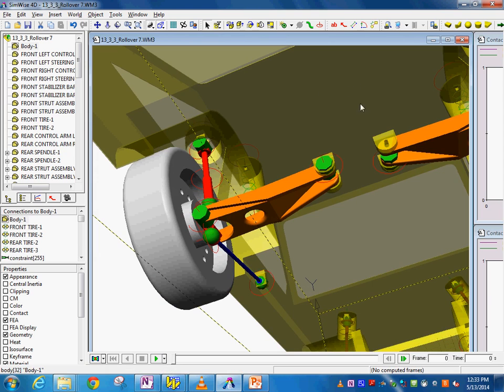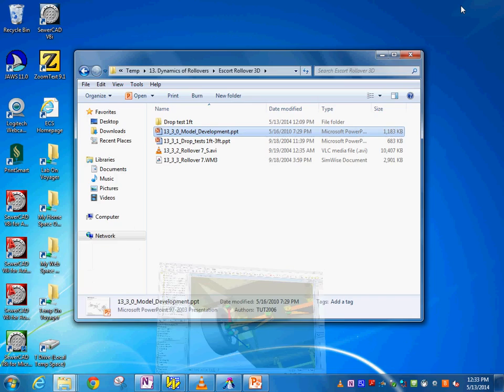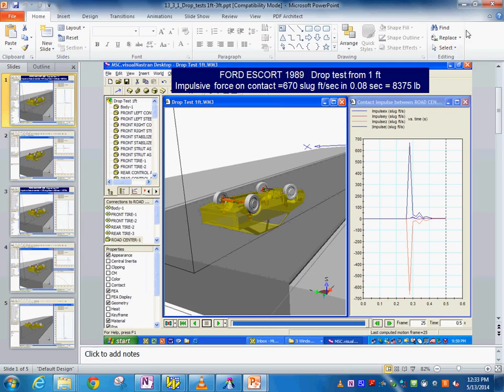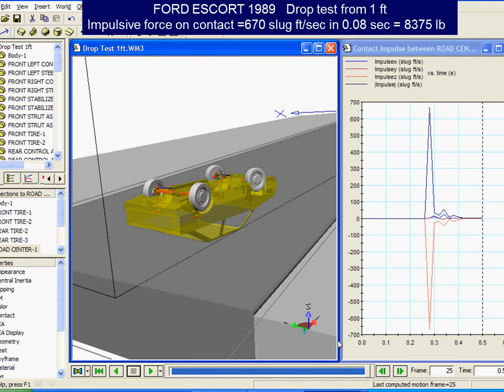But the suspension system was only one test; we also look at the drop tests. And the drop test on this car, let's go take a look in here. This is the drop test from 1 foot.